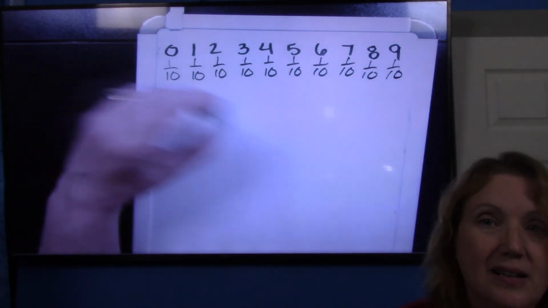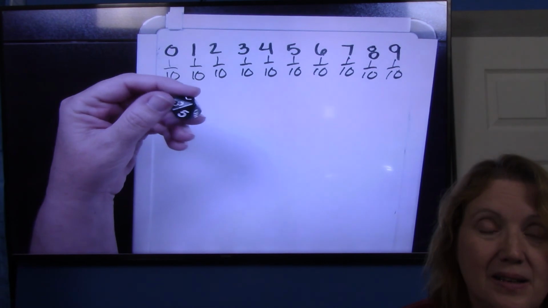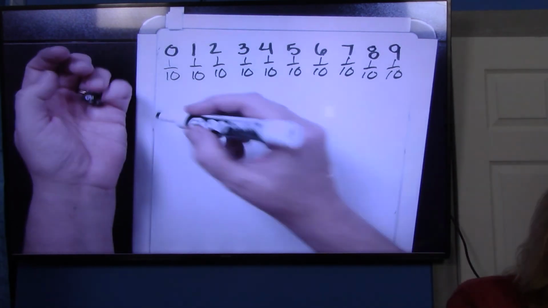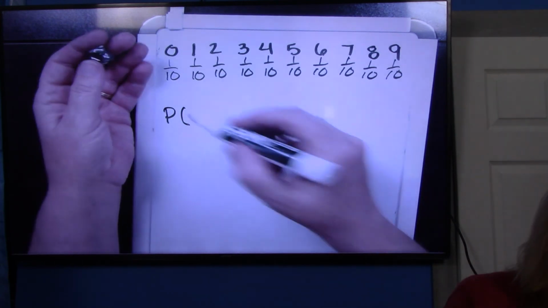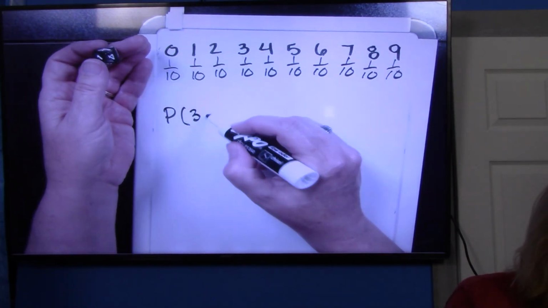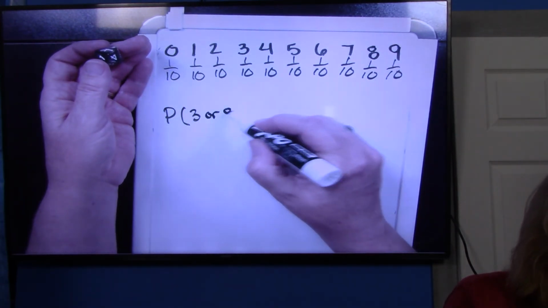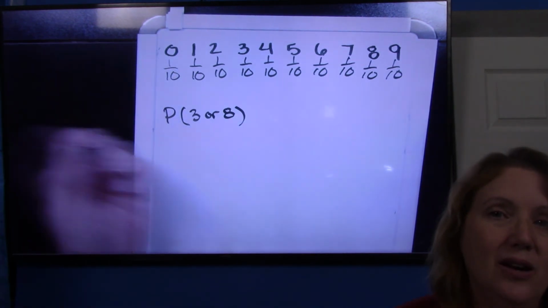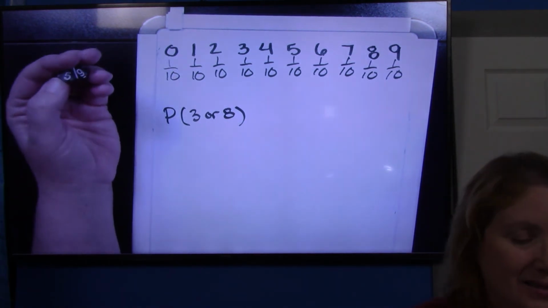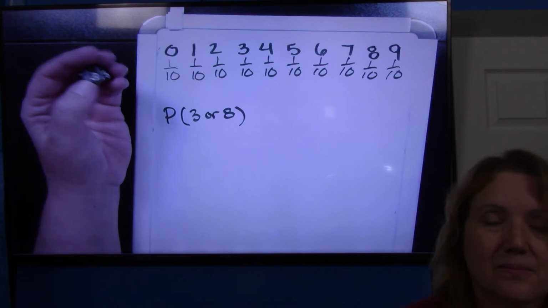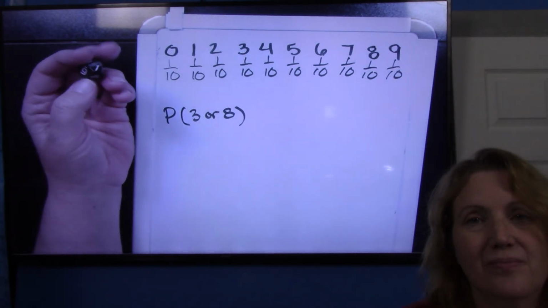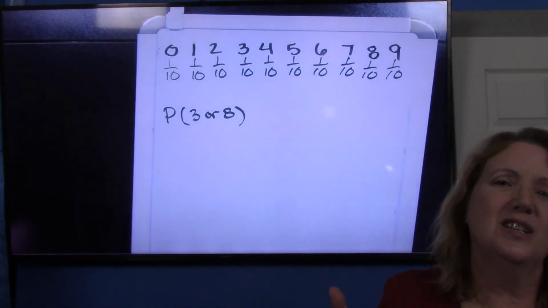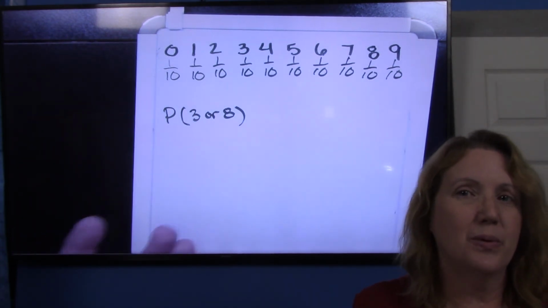Now, let's do a couple problems. Can you tell me what the probability would be of getting a 3 or an 8? Give it to me as a fraction. I guess we should have said what the percentage of 1/10 would be.